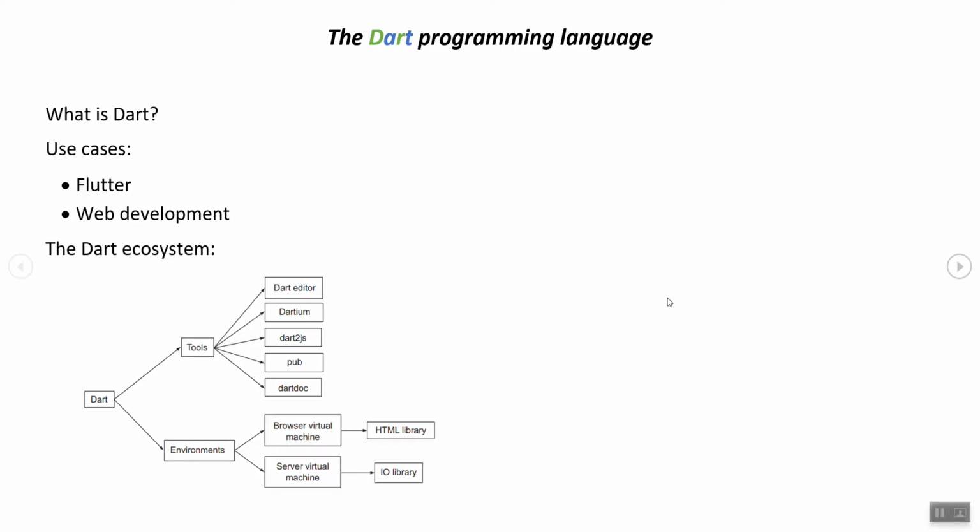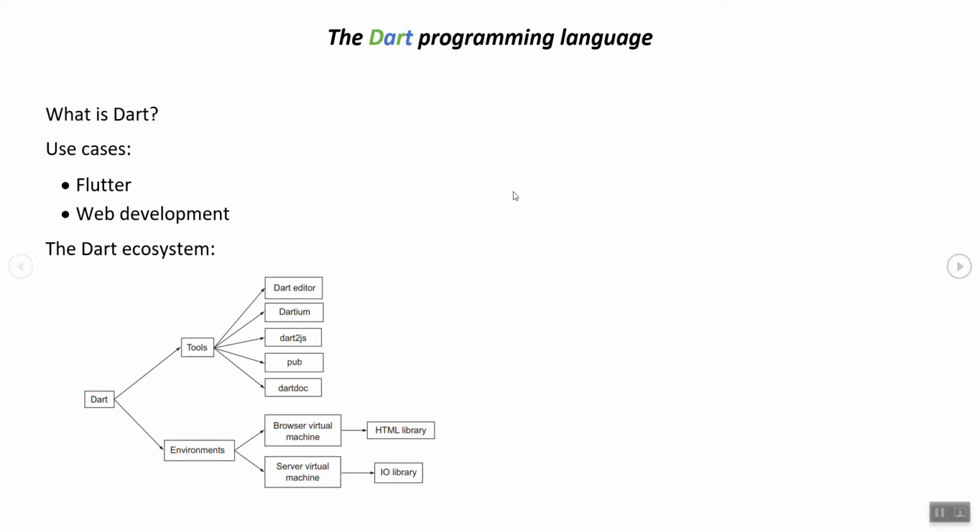So as you see, let's first of all ask and tell what the Dart programming language is. Dart is the programming language that Google first initialized, developed and released in 2011.